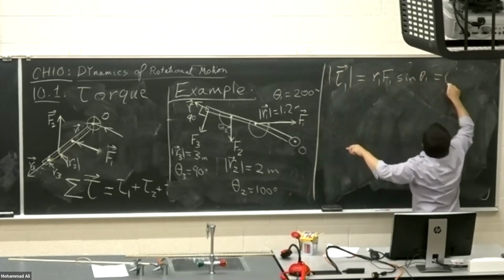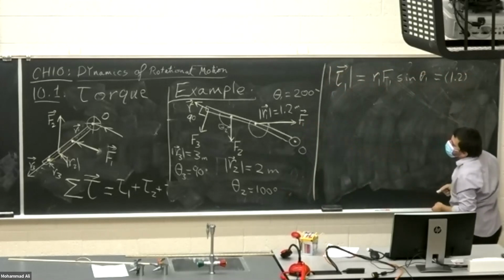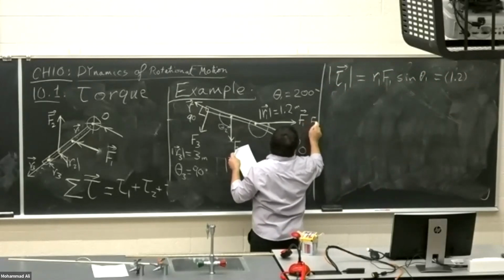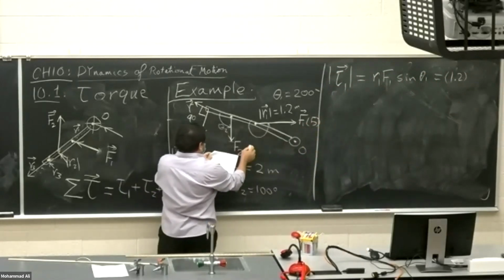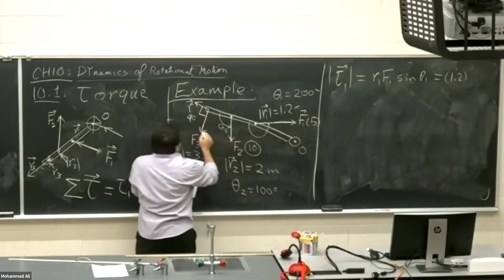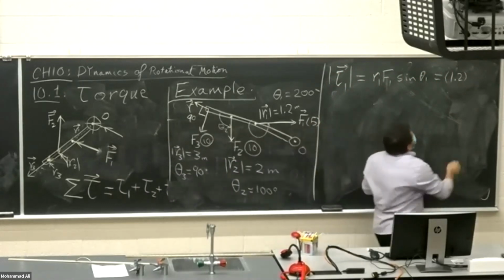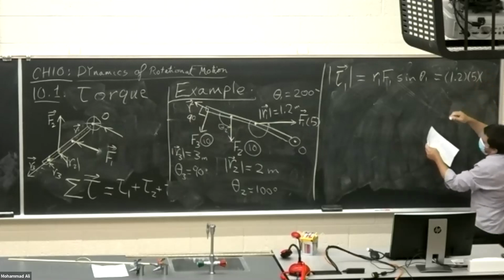It is equal to R1 is 1.2. F1, it is given F1 is 5. F2 is 10. Also, F3 is 10. Multiplied by 5, by, yes, 5. Multiplied by sine.